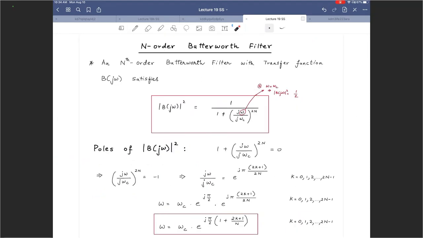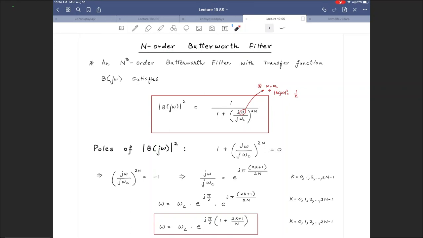So we'll start with trying to wrap up the discussion on the Butterworth filters. We designed a third order Butterworth filter in the previous lecture. Now, how about if we expand that to an nth order Butterworth filter?